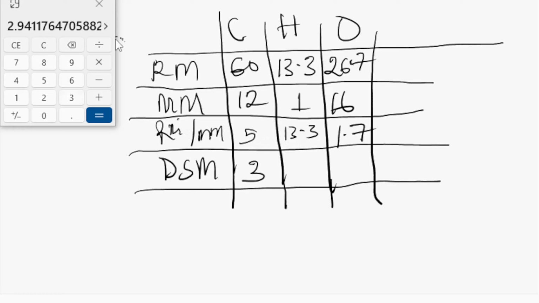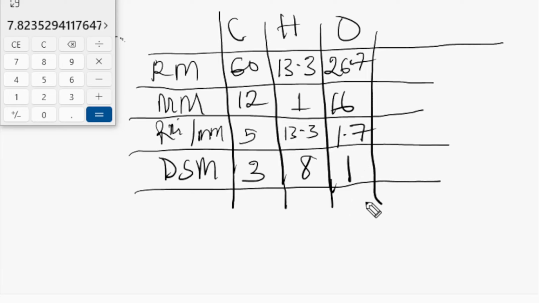So guys, 13.3 over 1.7 here will be 7.82. So that is approximately 8 here. And then 1.7 over 1.7 is 1.